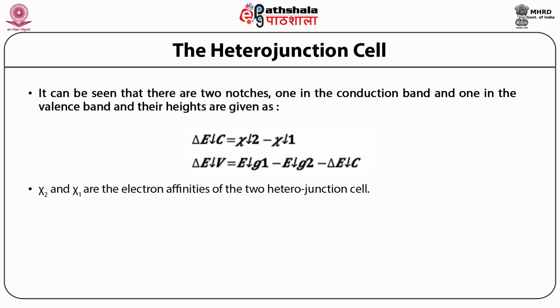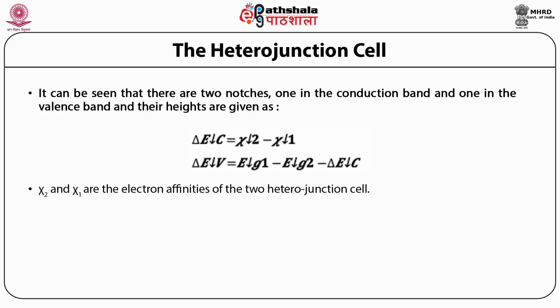This cell structure has three main current mechanisms. First is the diffusion current due to the injection of minority carriers from each side of the junction, similar to the PN junction cell. Second, current within the space charge region due to generation recombination. And third is the current due to tunneling.